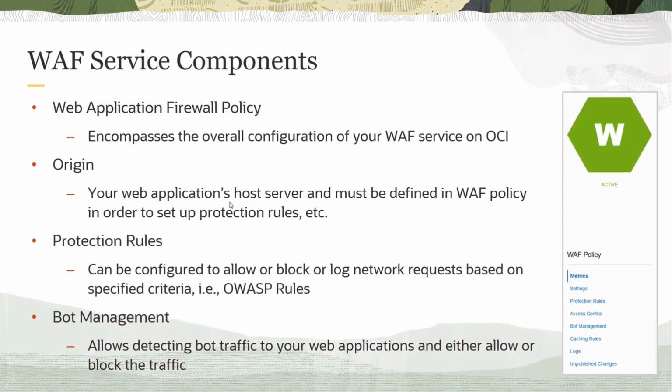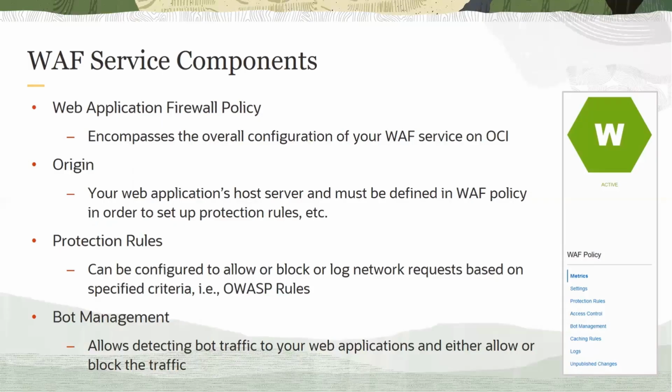So this is basically your application, your web server. The protection rules can be configured to allow, block, or log network requests to your application. And obviously, you're going to set certain criteria for those protection rules. The web application firewall will serve traffic to your server and suggest new rules to apply.